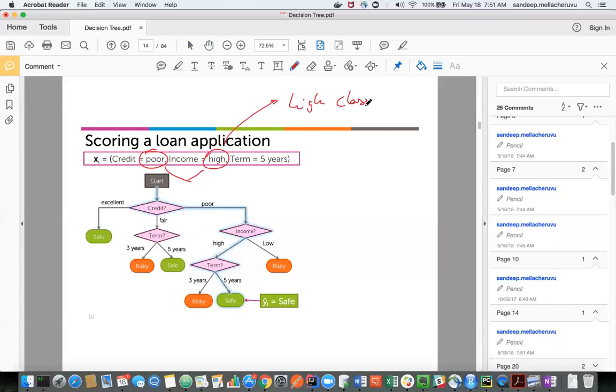So when credit history is poor, as well as he is of a high income group, he is more likely to default than anyone else. So it is very, very risky.